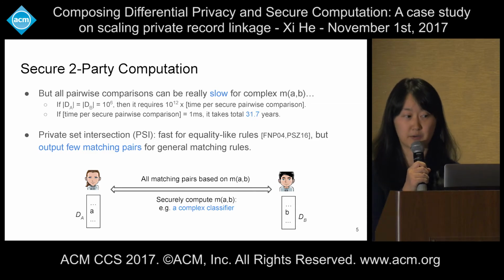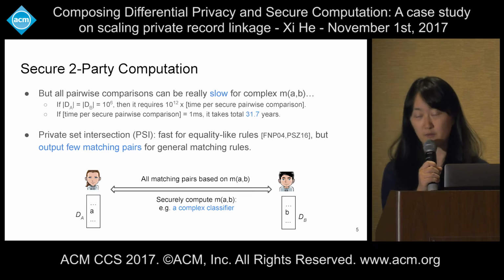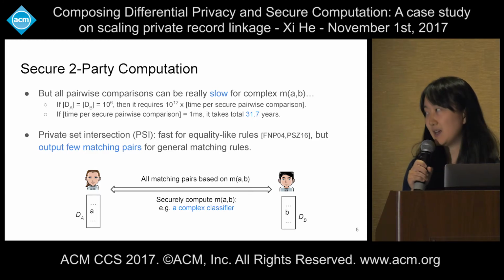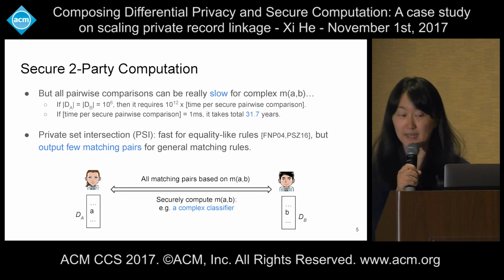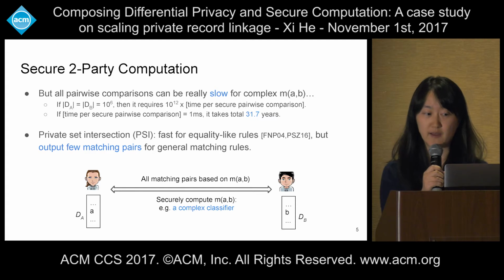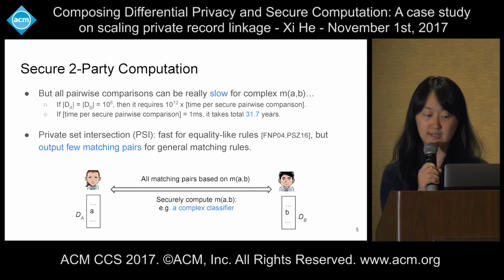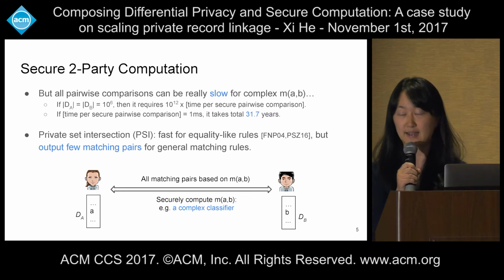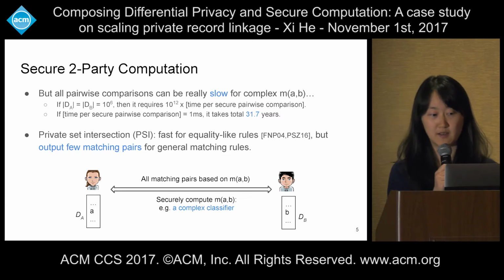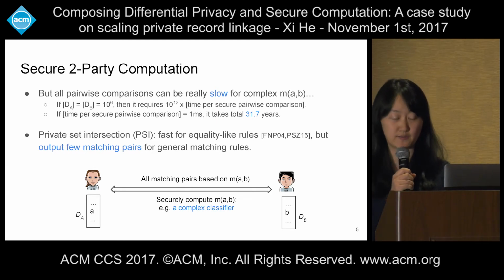However, with this protocol, all pairwise comparisons can be really slow for a complex matching rule. Suppose each party has 1 million records; it will take 10 to the power of 12 secure pairwise comparisons. For a complex classifier, let's say it takes 1 millisecond for one secure pairwise comparison, and the total takes 31.7 years to finish.